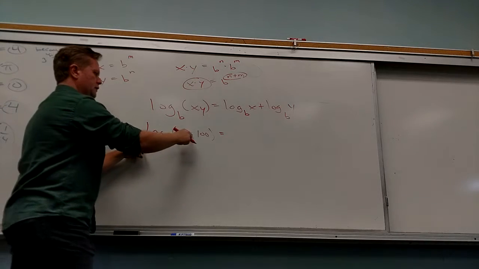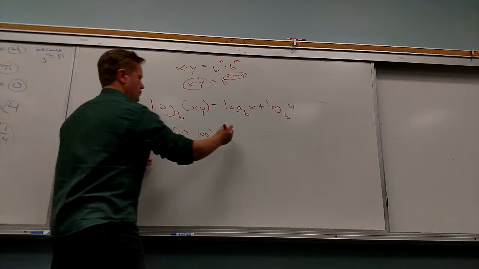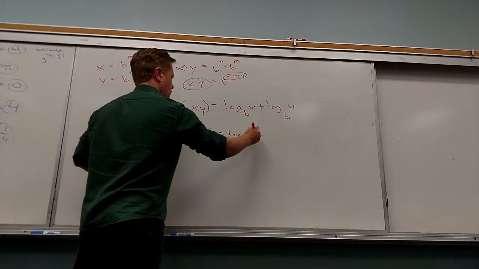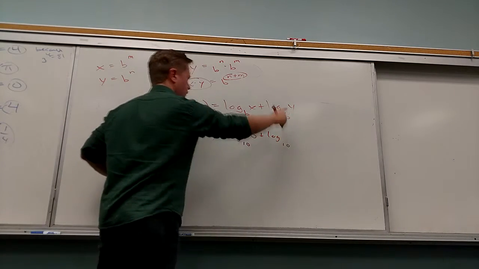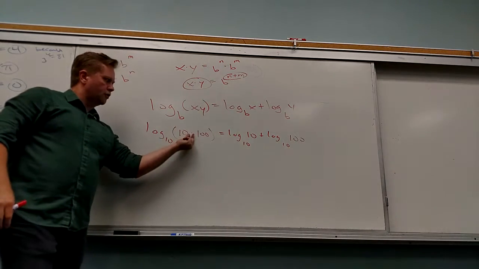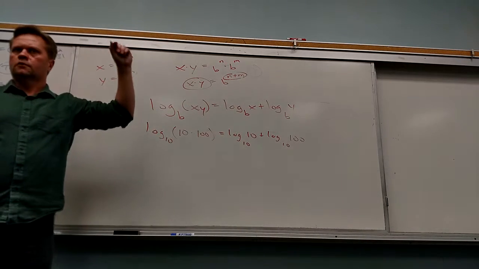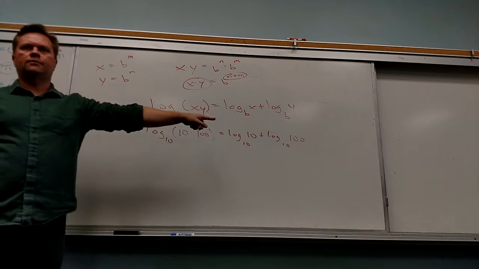Log base 10 of 10 times 100 equals log base 10 of 10 plus log base 10 of 100. All right, I like it. So basically what it's saying is, if I have a product inside, I can make it a sum outside. The log of a product is the sum of the logs.